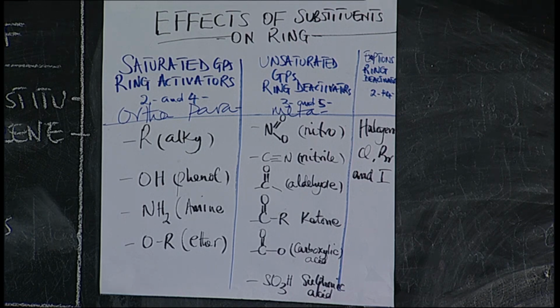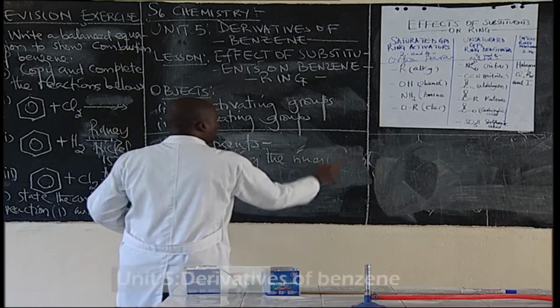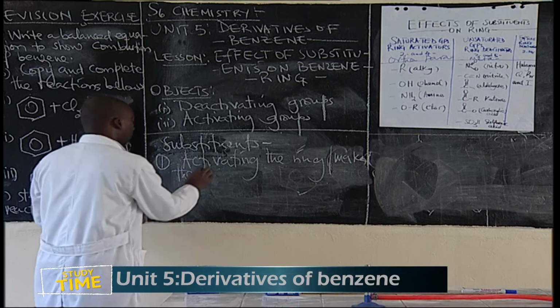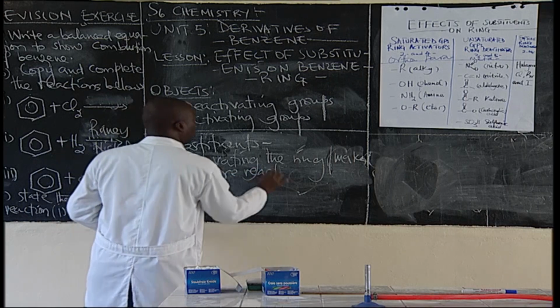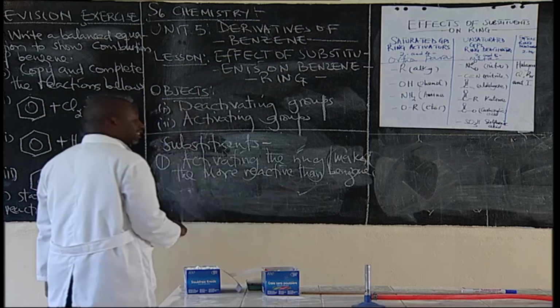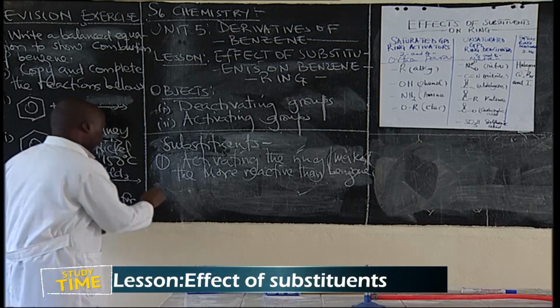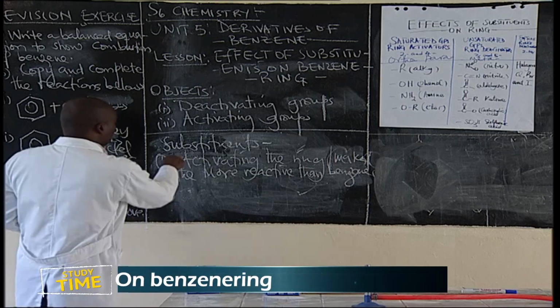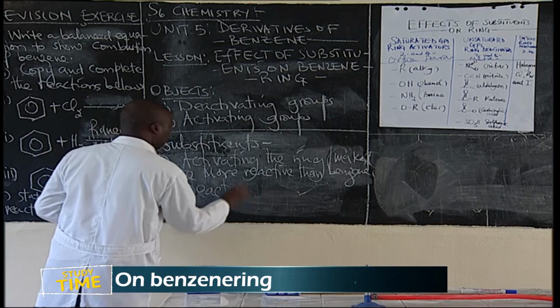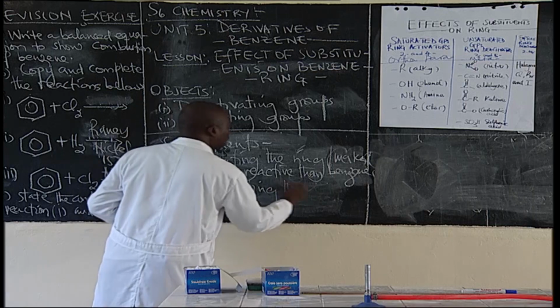Number 1 will be activating the ring, or makes the ring more reactive than benzene itself. Number 2 is deactivating the ring.